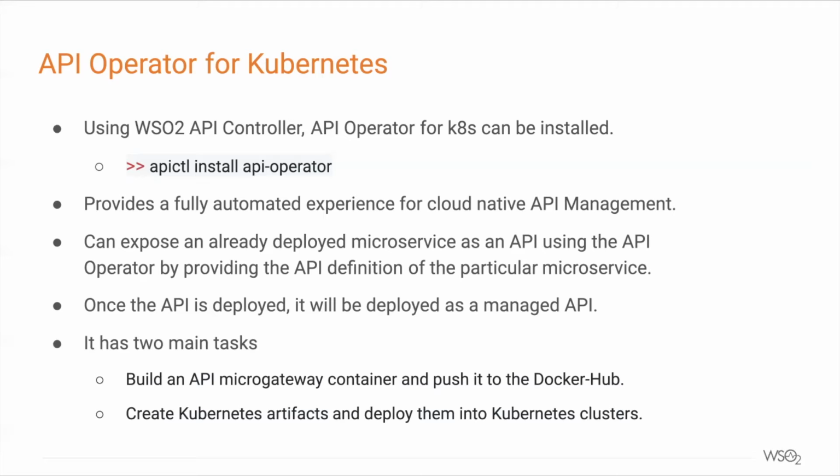So it has two main tasks. The first task is to build an API microgateway container and push it to the Docker registry. The next task is to create the Kubernetes artifacts using the CRDs developed for the Kubernetes environment and deploy them in the Kubernetes cluster.